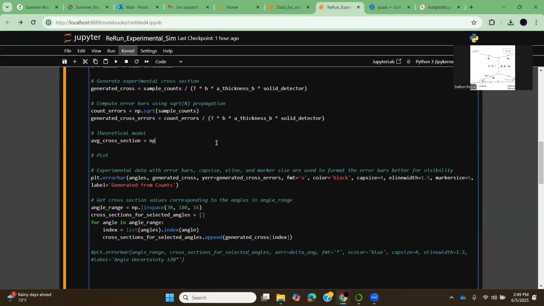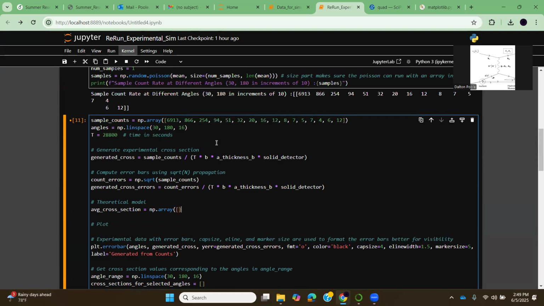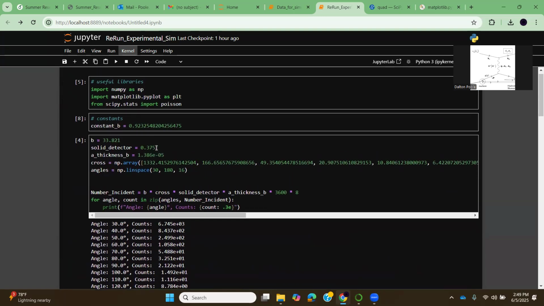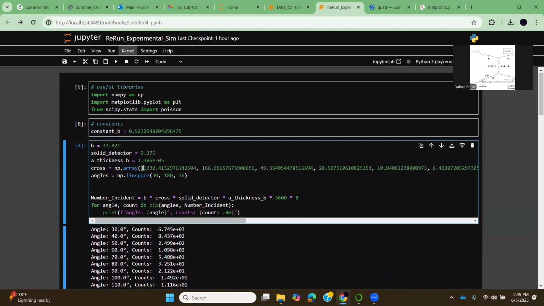I'm going to let that equal a NumPy array of these cross-sectional values that I have up here. I'll go ahead and grab those.